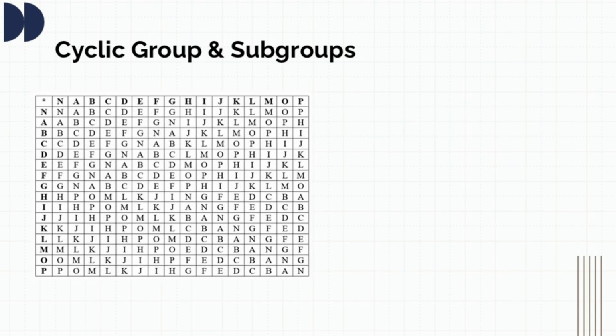So, let's see if my geometric model is a cyclic group. Is it abelian? When we say abelian, it must be commutative for all elements. As we analyze the table, this group is not abelian because the table is not symmetric along the diagonal.